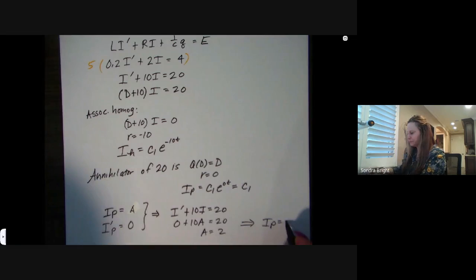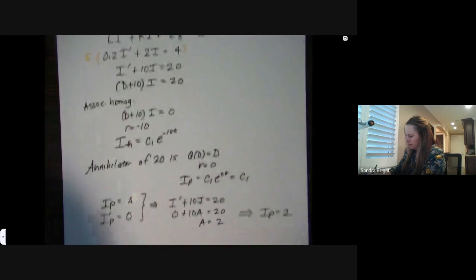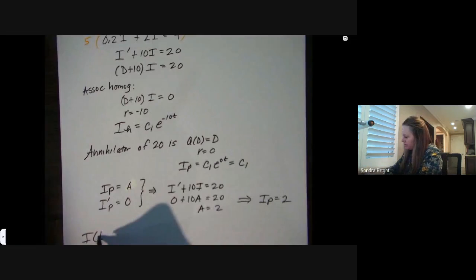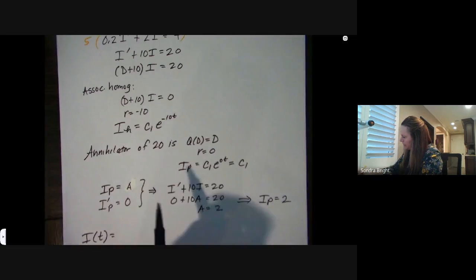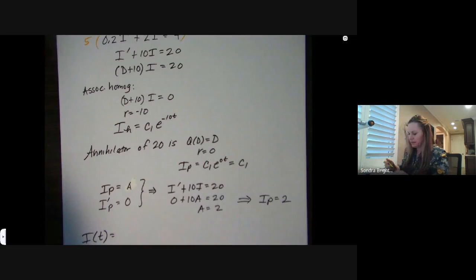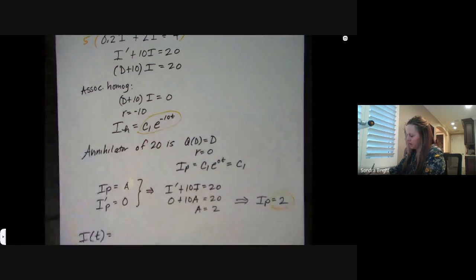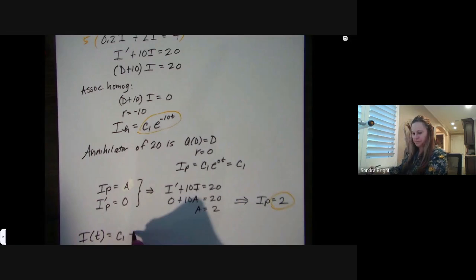All right, so then our equation will now be, you take that homogeneous plus the particular, right? And we've got C1 e to the negative 10t plus 2.